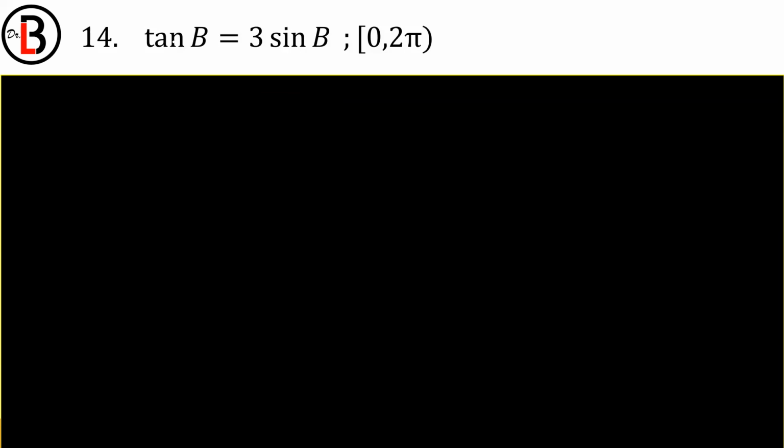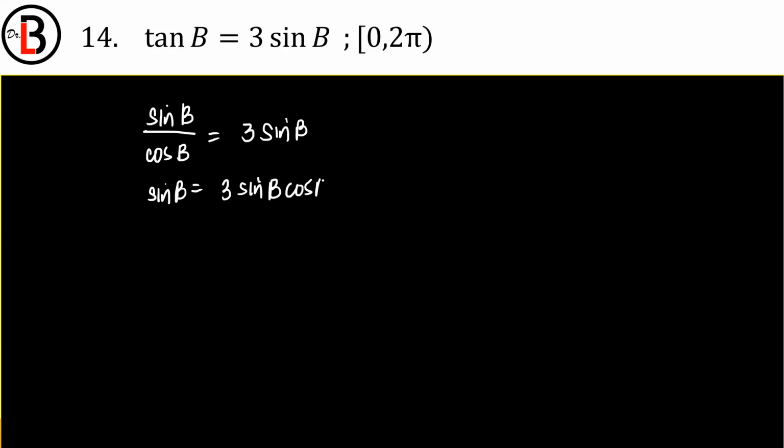Next, this one is tangent, one is sine. It's difficult. But maybe what we can do here is, I can say sine B over cosine B is 3 sine B. If I multiply both sides by cosine, I get 3 sine B cosine B. Some of you might say, can we just cancel the sine?